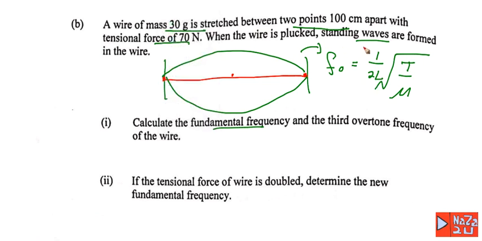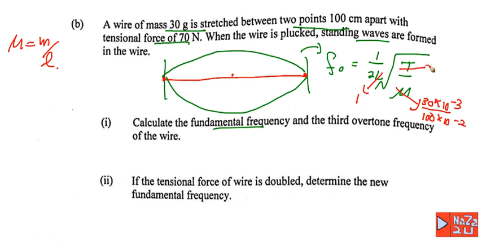The length is 100 cm, which converts to 1 meter. The mass is 30 grams, converted to kilograms is 30 times 10 to the minus 3, and μ is mass per unit length, so the mass divided by the length of 100 cm, which is 10 to the power of minus 2 in meters.